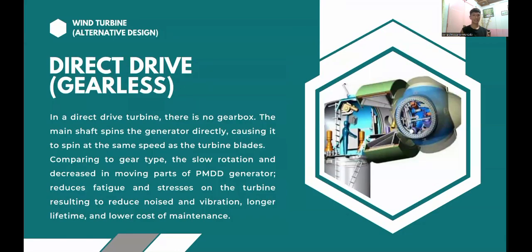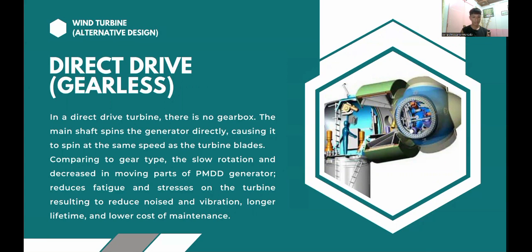Next is direct drive, gearless. In a direct drive turbine, there is no gearbox. The main shaft spins the generator directly, causing it to spin at the same speed as the turbine blades.